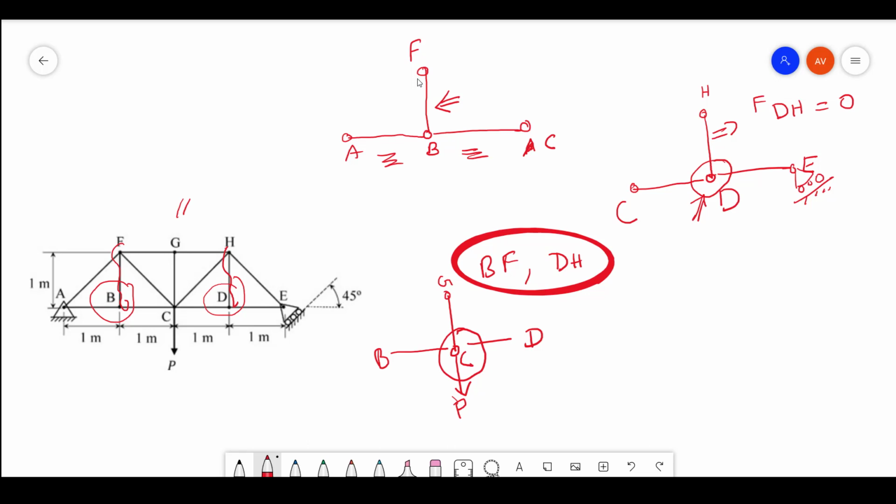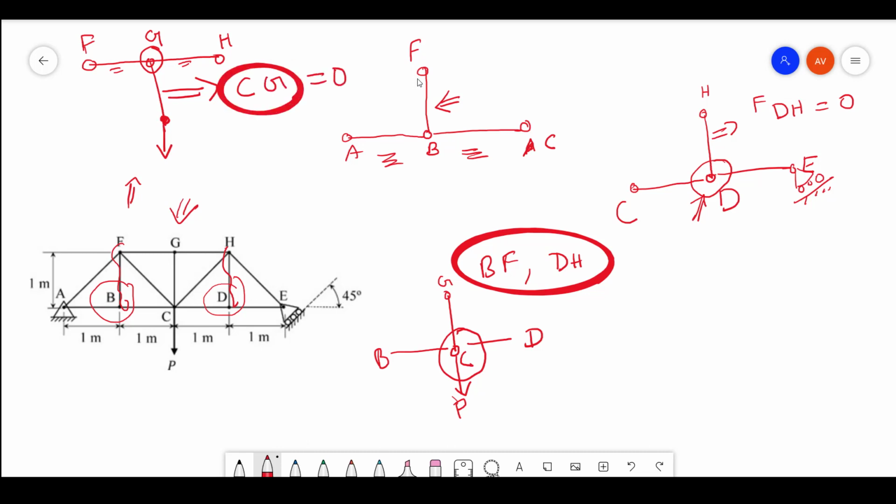But let's look at junction G. Let me draw it here. My force is going to be at this, but my junction is this. About this joint I have collinear elements here. That means I can again take this to be 0. So the force in CG is 0.